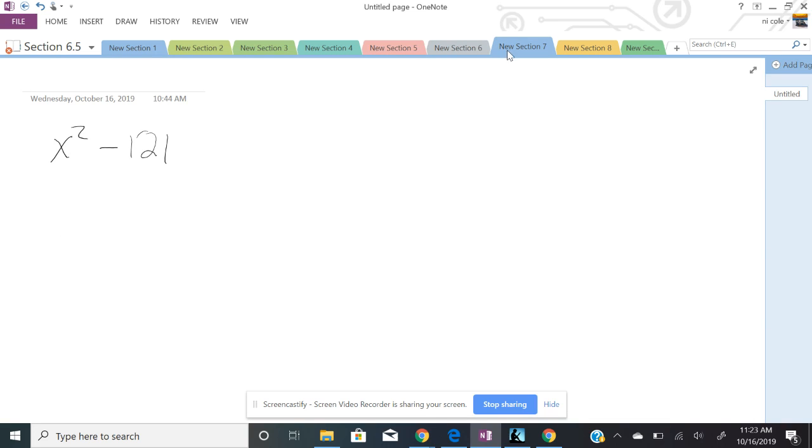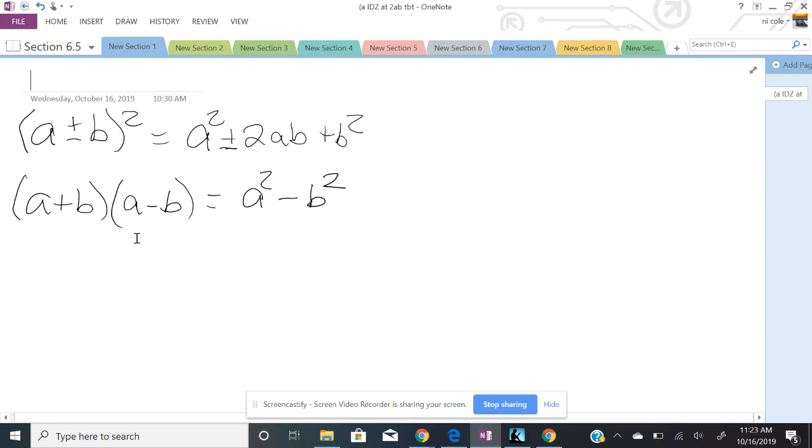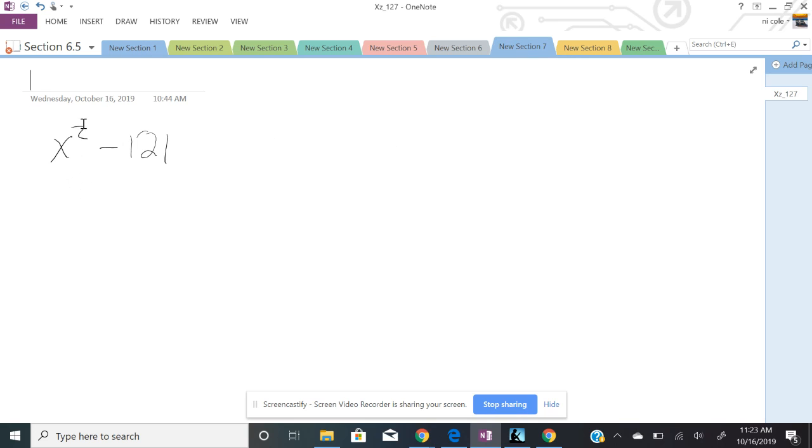Okay. Now we're going to use this rule back here. Note that this is a perfect square and this is a perfect square, and I have nothing in between. So let's go look here. Is x squared a perfect square? Yes. What times what is x squared? x. What about 121? You may not know it, but it is a perfect square, and it is 11 times 11. The other sign you have here is that minus sign. If this is not a minus sign, it does not factor.